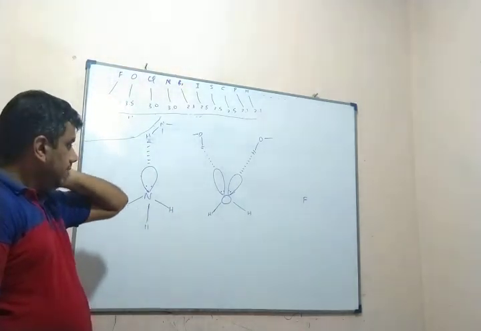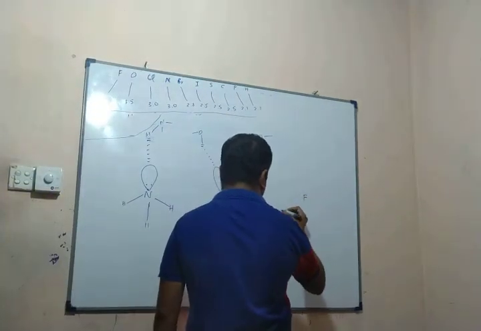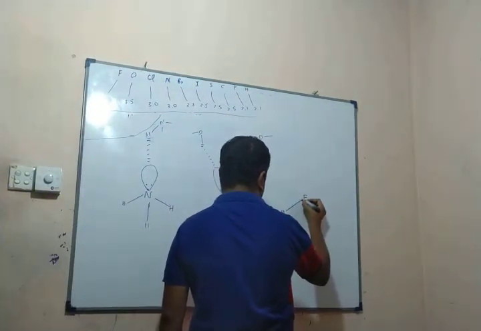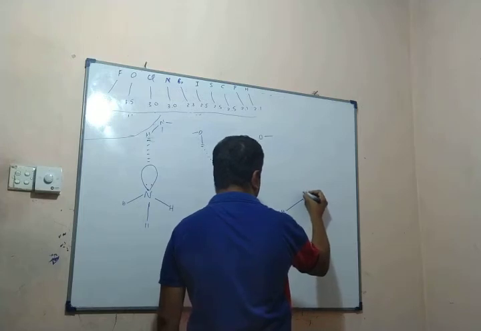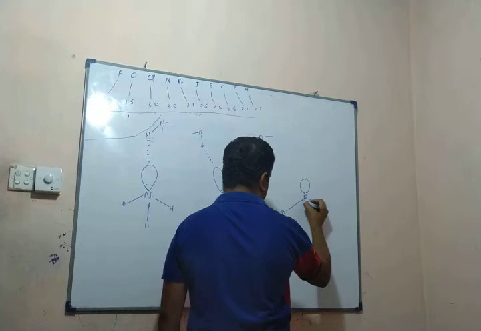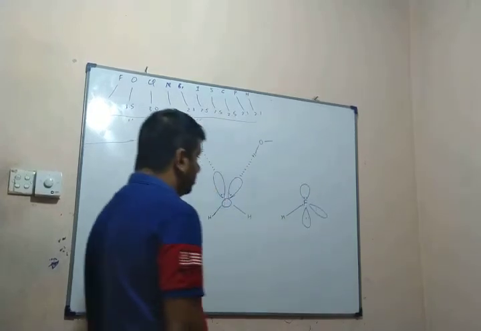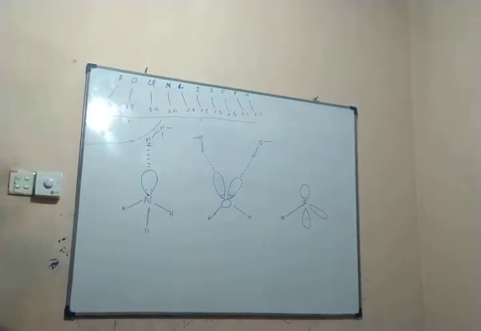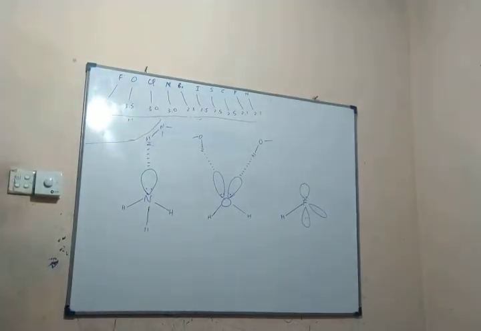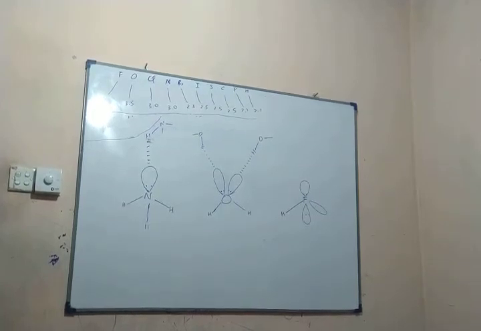Right? Okay, let's have a look at HF. Around fluorine, how many lone pairs? Yeah, there will be 4 lone pairs. Sorry, 3 lone pairs and 1 bond pair.